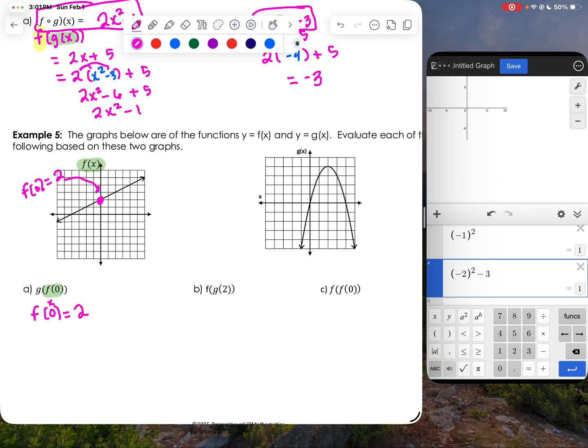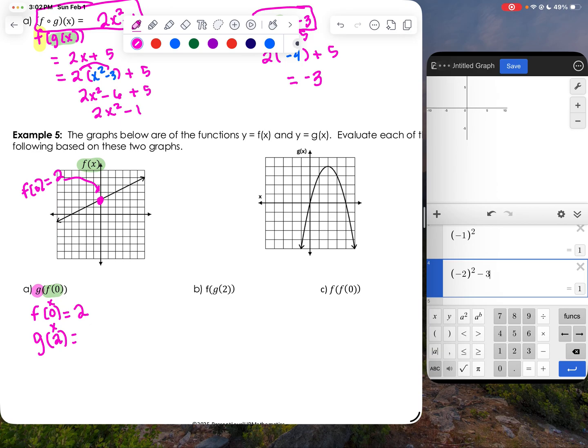All right, now that we've evaluated that, you're going to look on the outside of the function and notice it's a g. So that tells me I'm going to find g of 2. This time I don't want to use the graph on the left. I want to use the graph on the right because it's my g function. If my x value is 2, we want to know what is the y value.